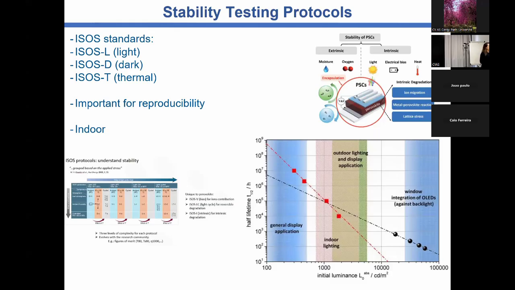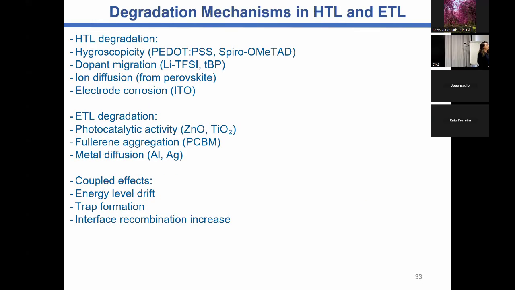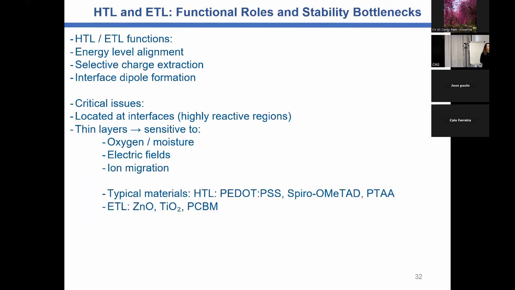So it's quite challenging to overcome this stability issue. So just to review the stability that I discussed, I put it here because the ETL and HTL can also impact the stability.